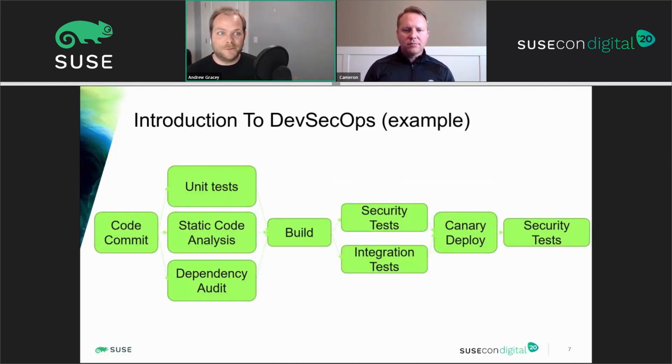So a quick example of what DevSecOps might mean to a generic workflow is maybe your pipeline gets structured something like this slide, where a code commit kicks off your normal unit tests, but it also includes some static code analysis and audits of all of your dependencies. Then all of that gets built together.